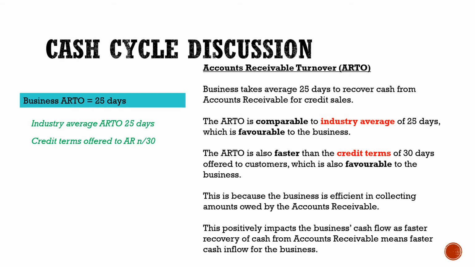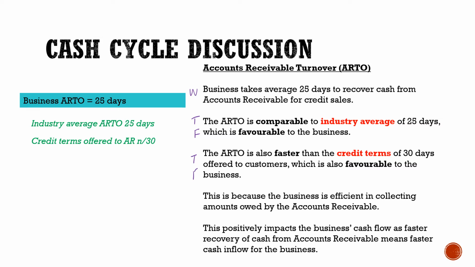Let's move on to the accounts receivable turnover. The business takes an average of 25 days to recover cash from the accounts receivable for credit sales. That's the W. The ARTO is comparable to the industry average of 25 days, which is favorable to the business. That's the T and F right there. The ARTO is also faster than the credit terms of 30 days offered to customers, which is also favorable to the business.